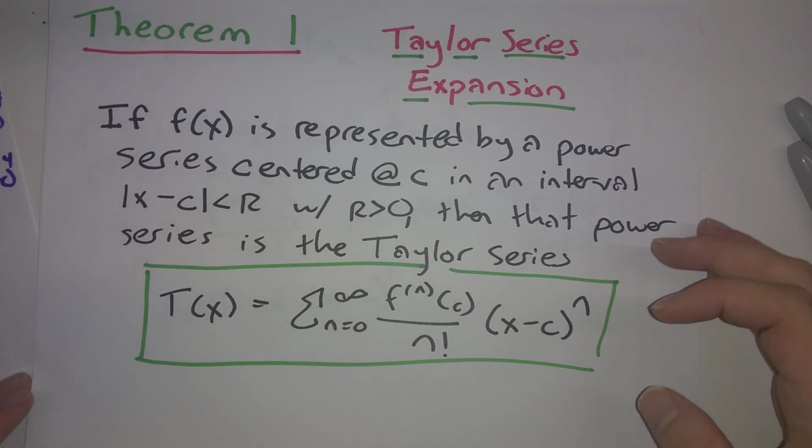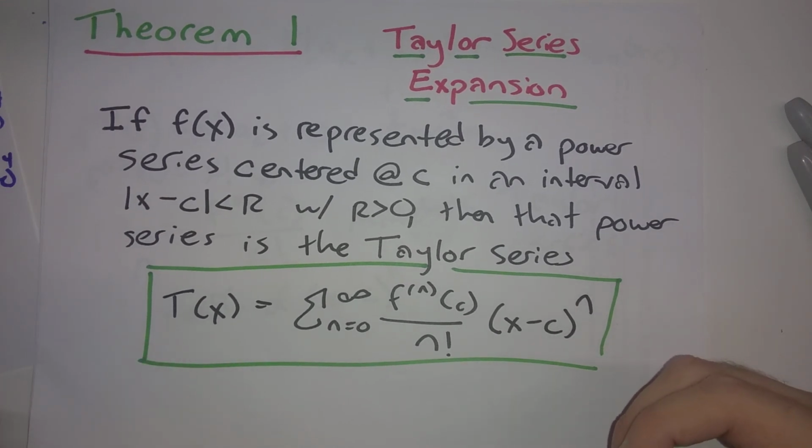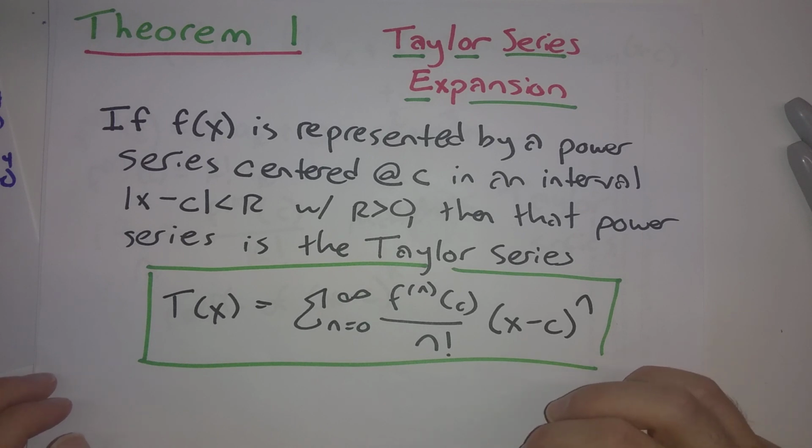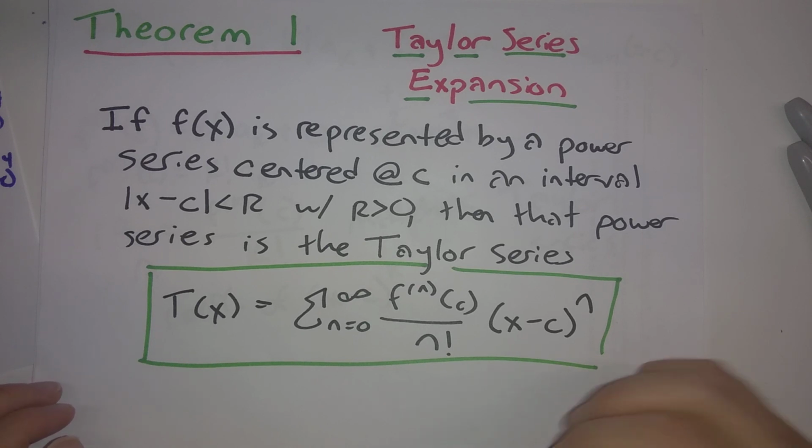This says that yes, we're on the right track, and this finishes our proof of Theorem 1. We'll have another theorem that will tell us more about convergence. But first, in the next video, we'll do an example of calculating a Taylor series.